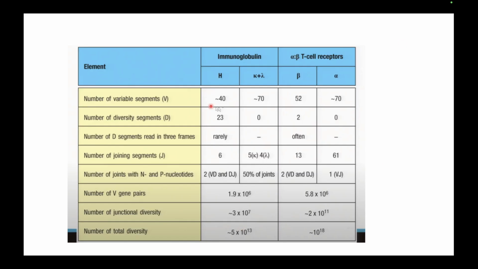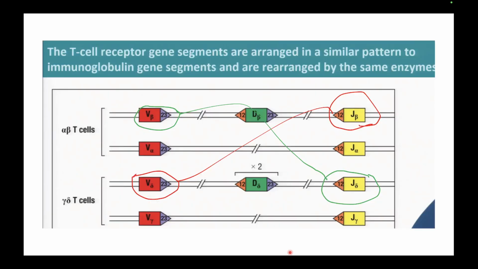Here you can see there are these many heavy chains, and then kappa and gamma chains, how many D segments and how many J segments there are, and based on that how many gene pairs can be generated, the junctional diversity, and the total diversity it could be. So these many diverse variable regions can be generated, based on different combinations that can be rearranged.